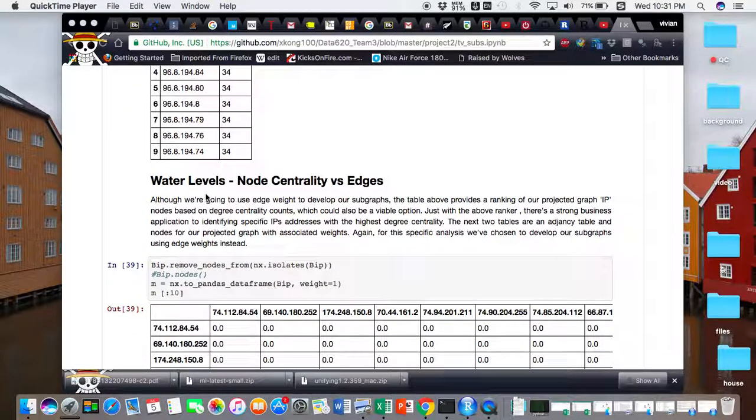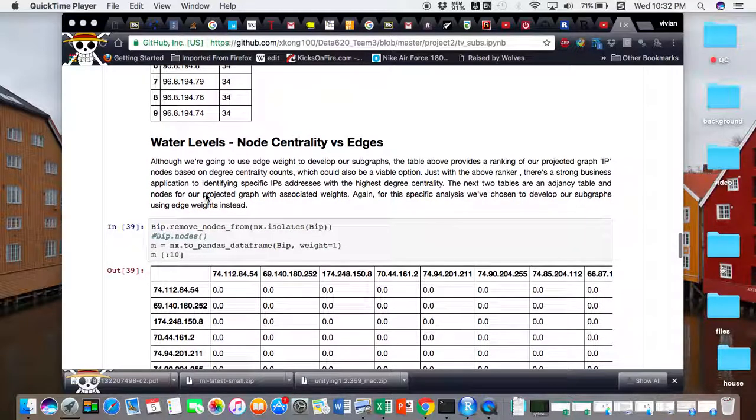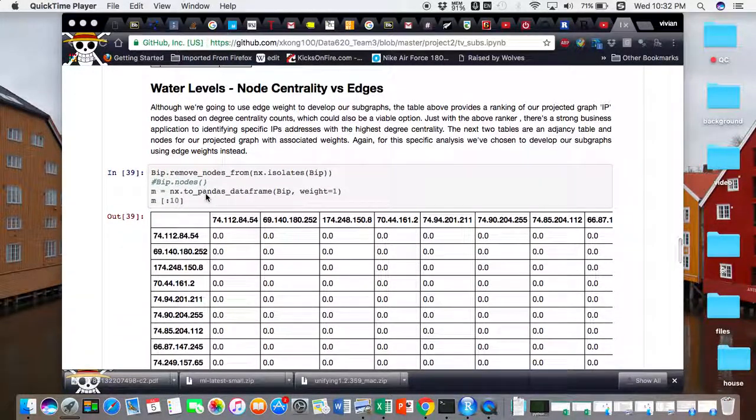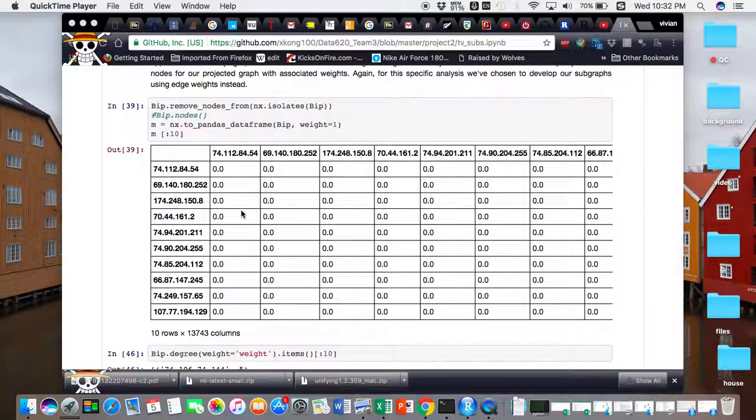Then we come to the water levels, which is from our textbook, and we also use it for our project. This table is a JSON table of the nodes with associated weights. A weight of 0 means they do not share the same account.